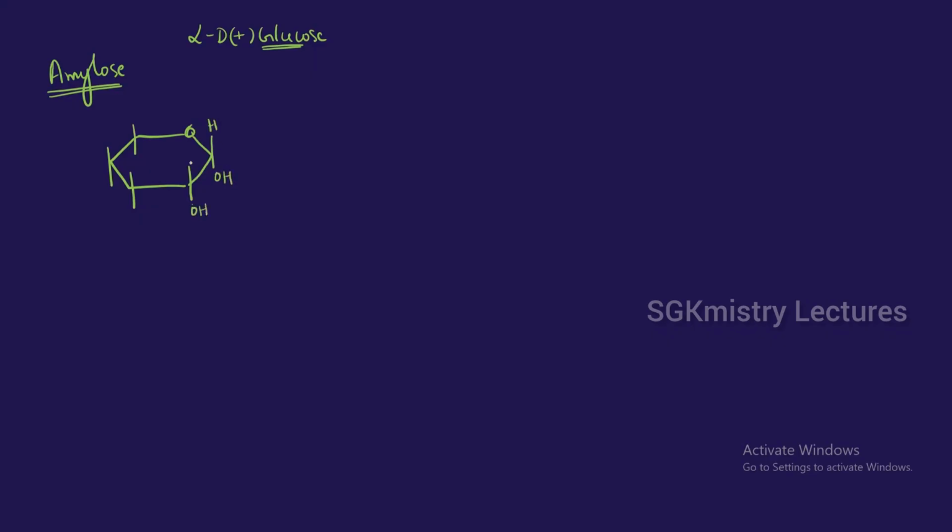So here we have H, H, OH, OH, H and H, CH2OH, right? Next, let me write two more structures to make it more clear because we are talking about polysaccharides here. So here H, OH, OH, H, H, OH, OH, H, and here H, CH2OH.